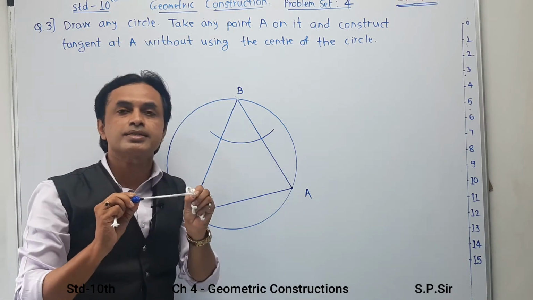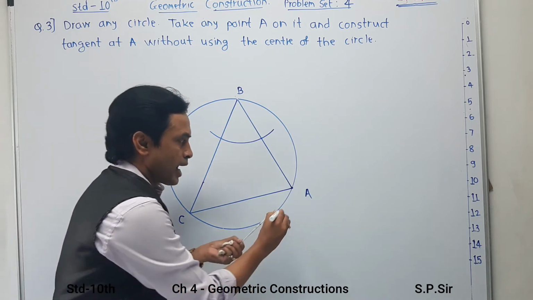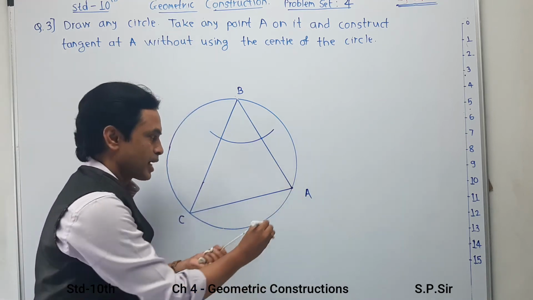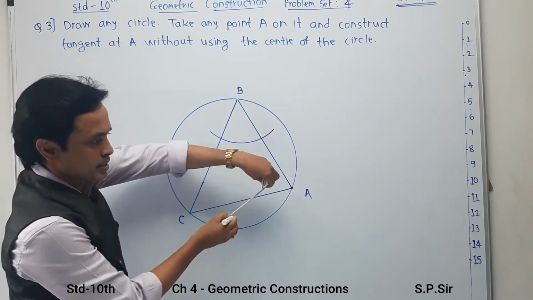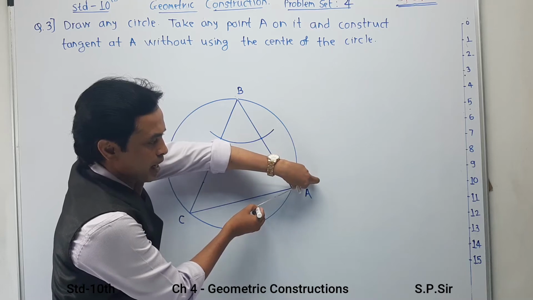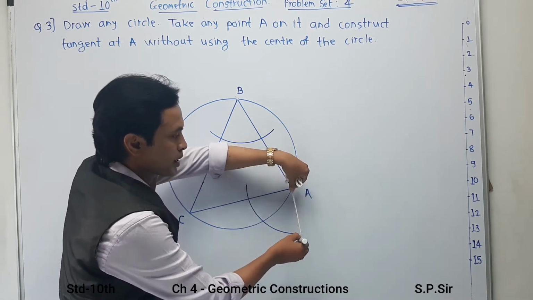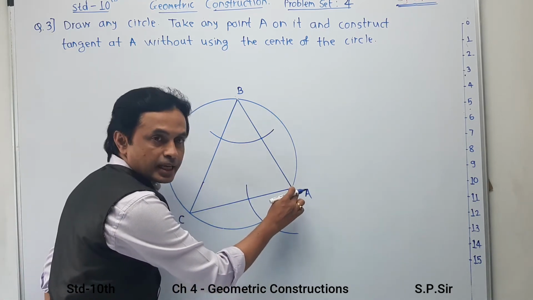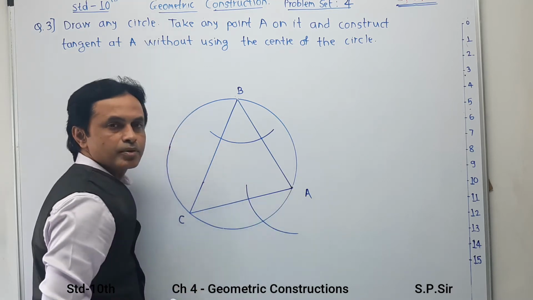Now keep this distance constant. I repeat, keep this distance constant, and now take A as a center and draw the arc over here such that it touches AC at one point. From A I am going to keep the same arc distance and draw an arc over here. But remember, while drawing the arc, A will act as the center, and your respective arc must touch AC over here.